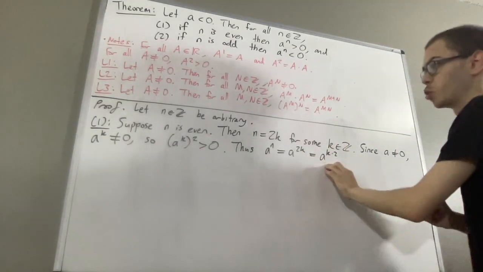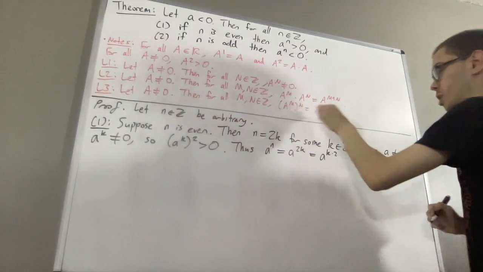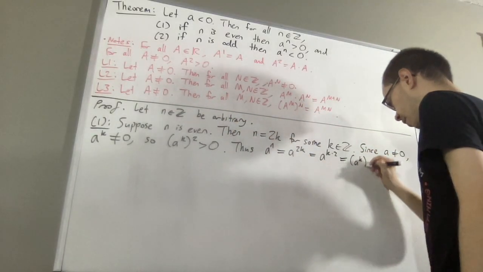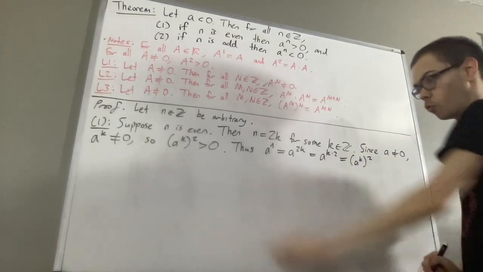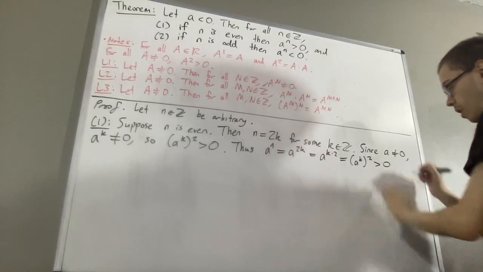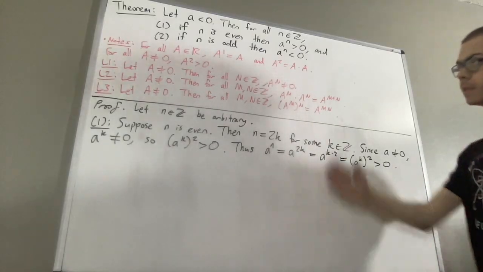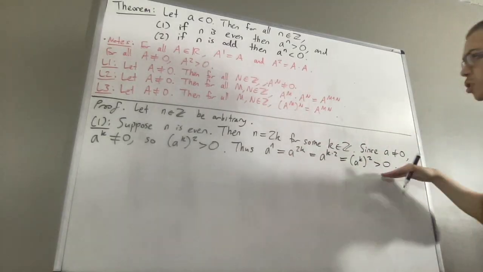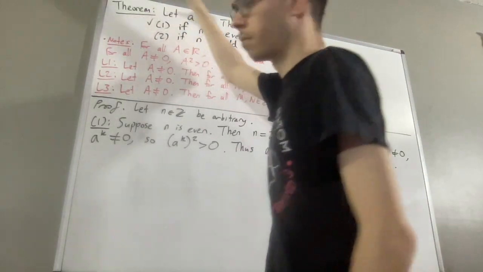So now we're in a position to apply our third result. This is the same thing as a to the power of k to the power of 2, which we know is greater than 0. So we see that a to the power of n is greater than 0. So we have shown if n is even, then a to the power of n is greater than 0. So that proves number 1.